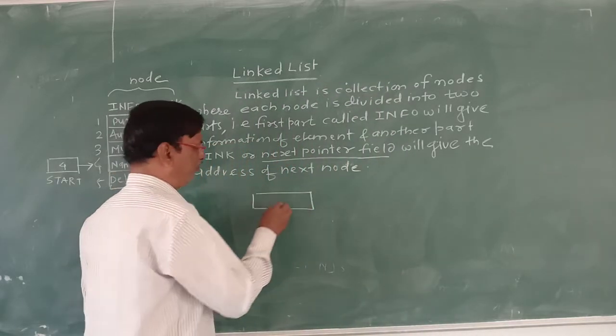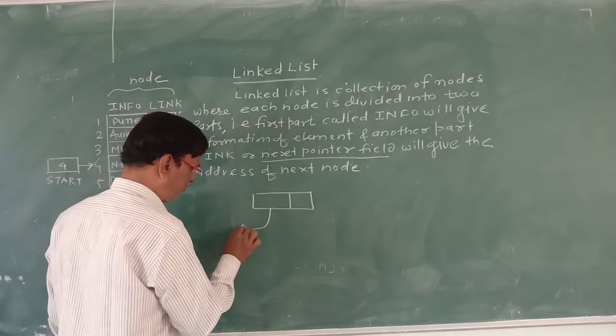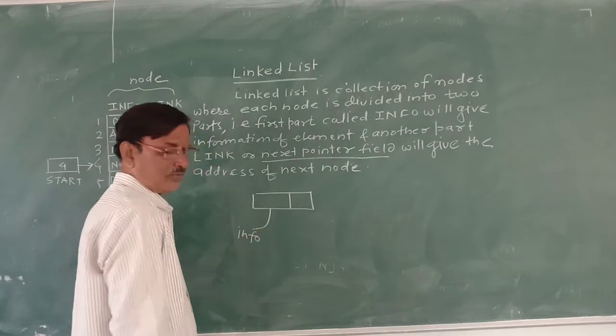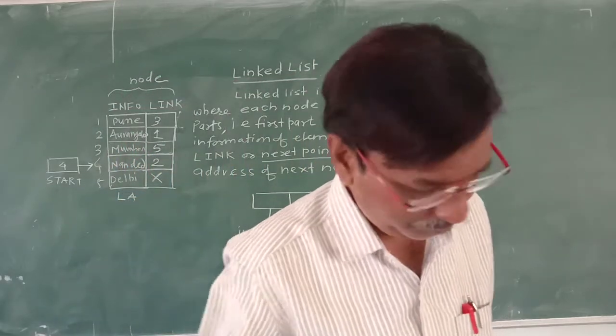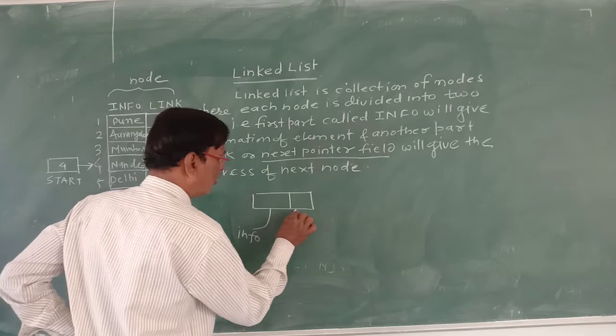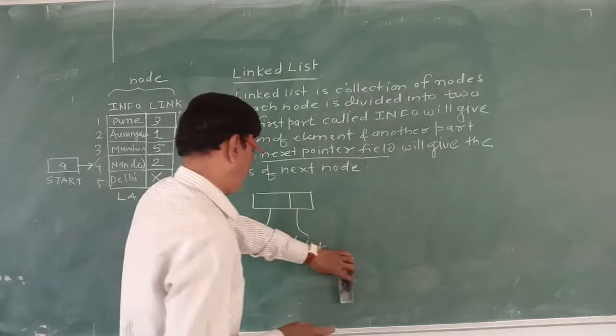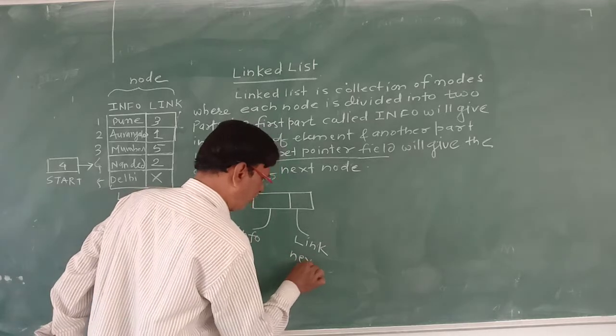Say this is the node. So here is the info part. This is the info part. And this is the link part or next pointer.